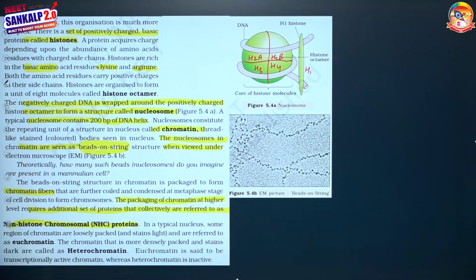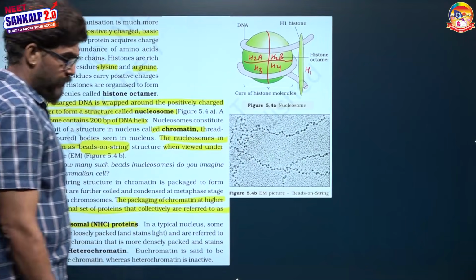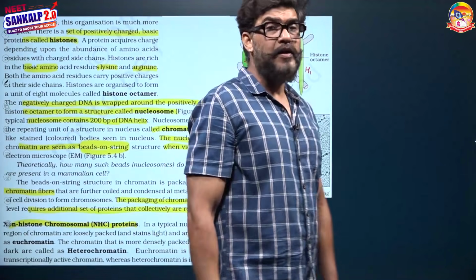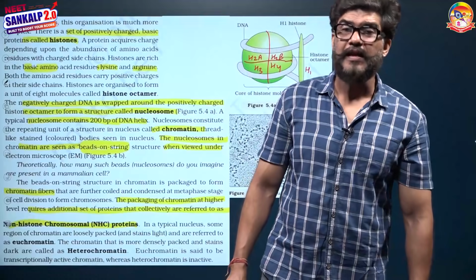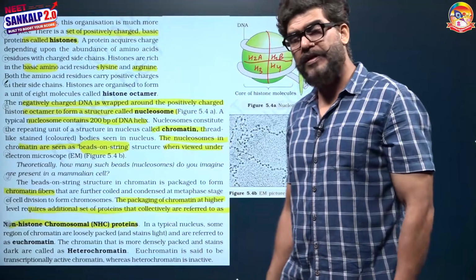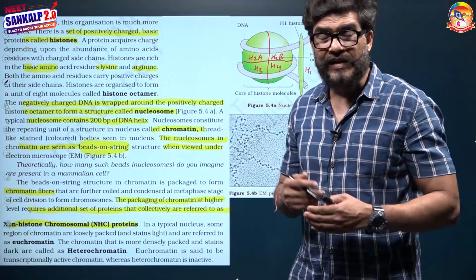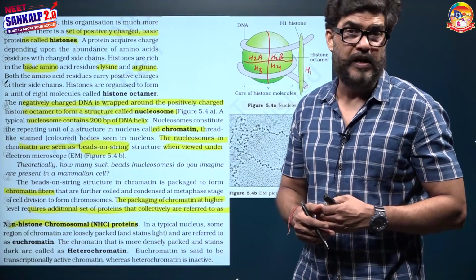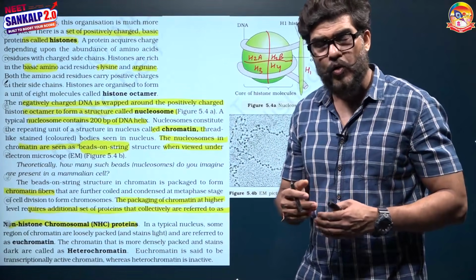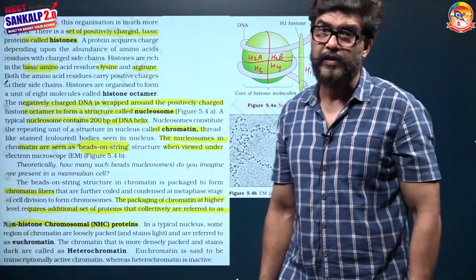In a typical nucleus, some regions of the chromatin are loosely packed. Because they are loosely packed, they stain light colored, and some regions which are densely packed stain darkly. The lightly stained regions are called euchromatin, and the darkly stained coiled regions are known as heterochromatin.